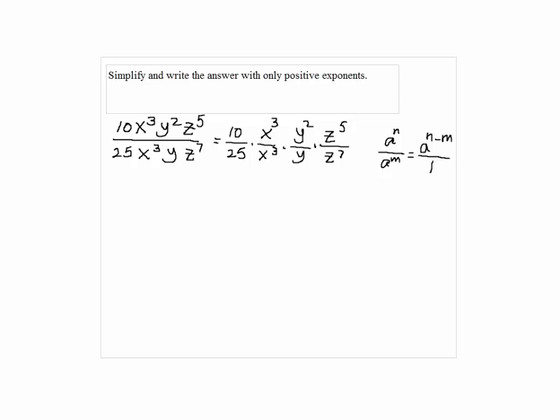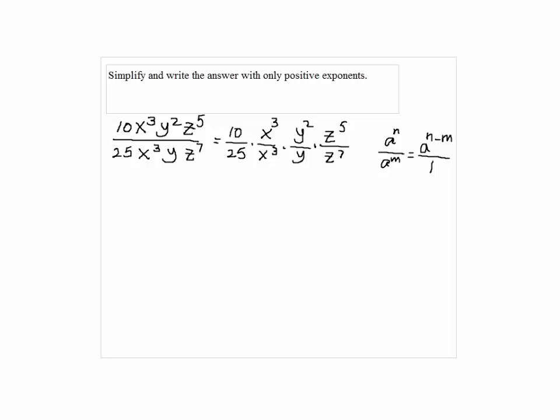Recall a to the power of n over a to the power of m is equal to a to the power of n minus m, to the power of 1 over 1. So as you see, the result goes to the top of the fraction.